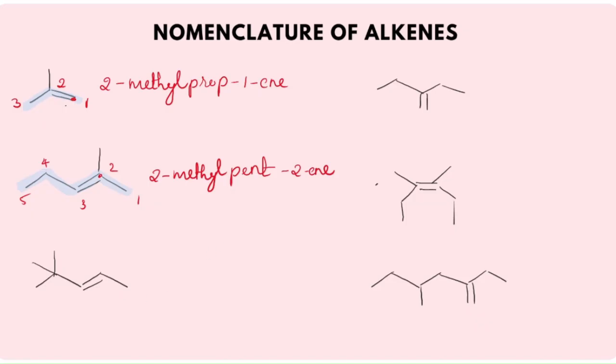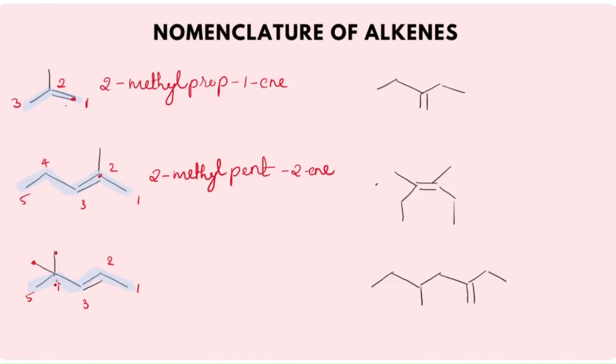Now, let's take the third molecule. Choose the longest chain. This is the longest chain. Now, numbering, if we number from here, both the methyls as substituents will get the least possible number, right? The double bond will get the third number, but you know, the functional group for the molecule is the double bond, not the methyl. They're just alkyl substituents. Therefore, you have to number from this side, although this will not obey the lowest sum rule.